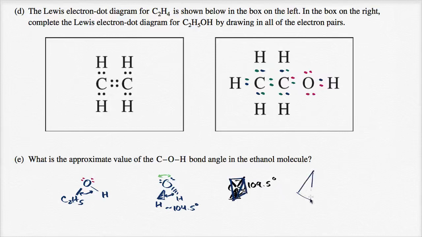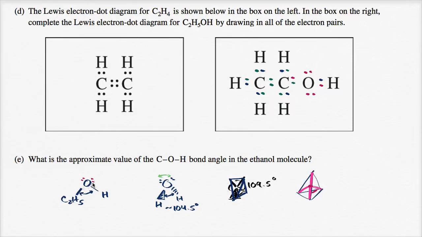If I were to draw a tetrahedron, and if this was transparent, you have an atom in the middle, and then you have the 4 bonds: 1, 2, 3, 4. I could say 4 bonds or lone pairs. Then the angle here is approximately 109.5 degrees.